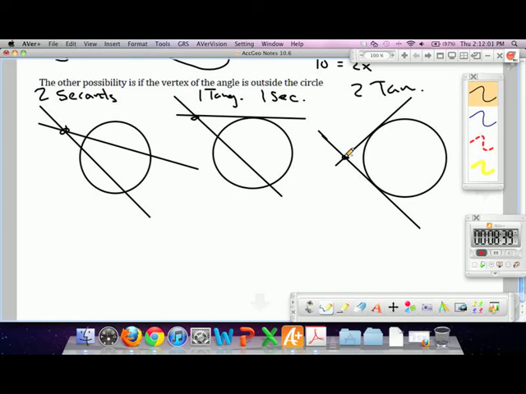Now, we've actually already discussed segment relationships in regard to two tangents. If two lines intersect such that they're both tangent to the same circle, what do we know about the lengths of this segment and the length of that segment? They are congruent.